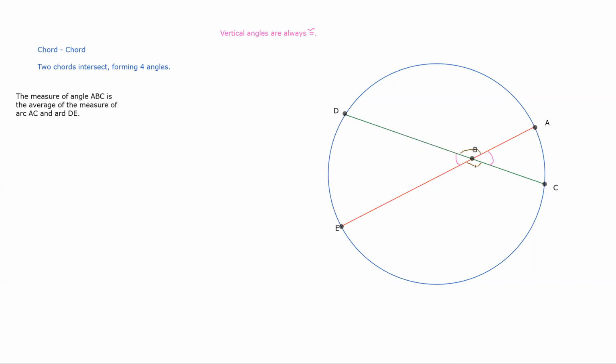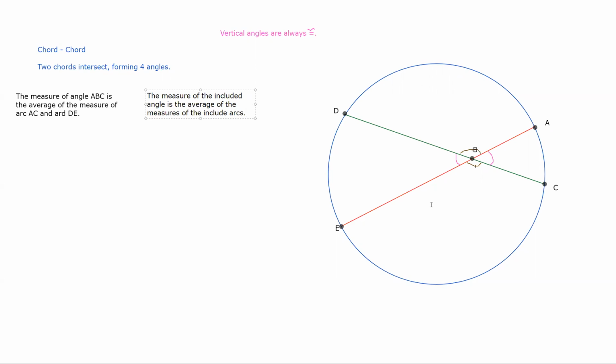But the other set of angles, the measure of angle ABD would be the average of these two arcs. So either set of arcs. So the measure of the included angle is the average of the measures of the included arcs.